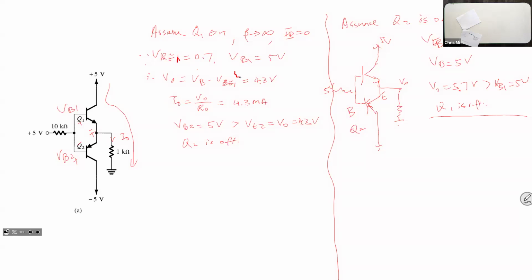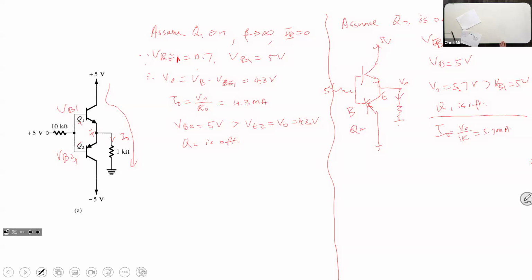So far it still seems okay. But if we continue, IO is going to be VO over the 1K resistance. That gives you 5.7 milliamps. At this time, I wish that you can see the problem. Where would you get that 5.7 milliamp current coming from?